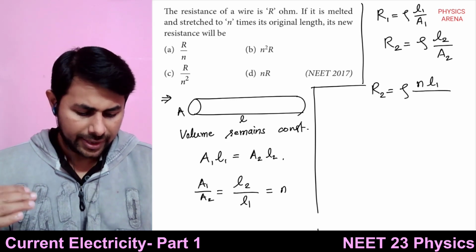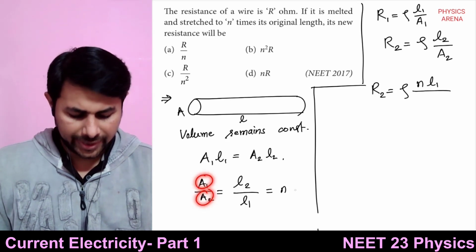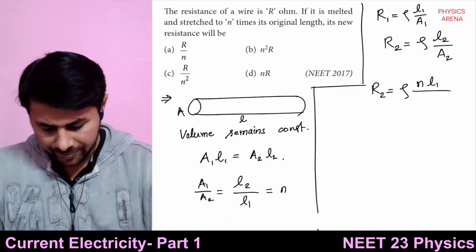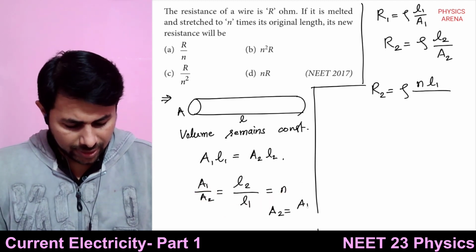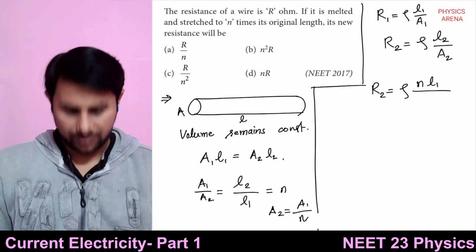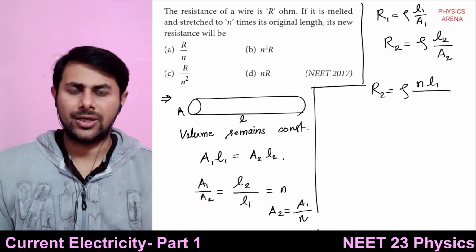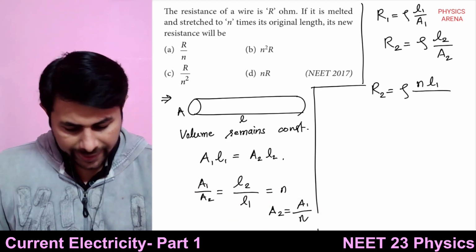And what is A2 in terms of A1? A1 upon A2 is n. That means if you take A2 to the other side, we get A2 equal to A1 divided by n.